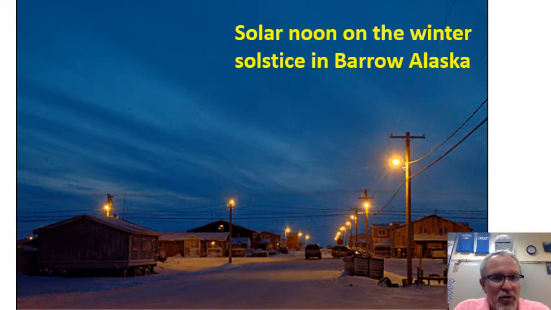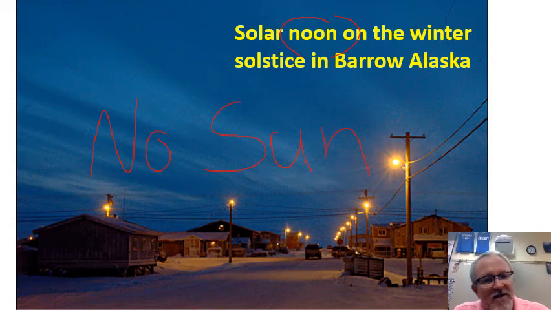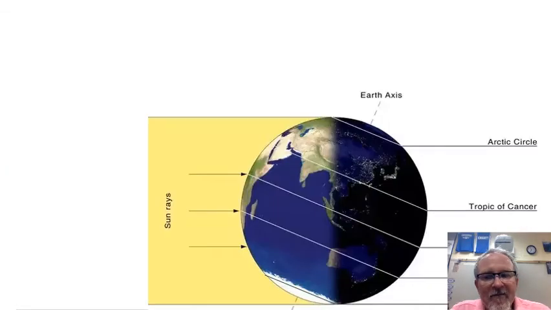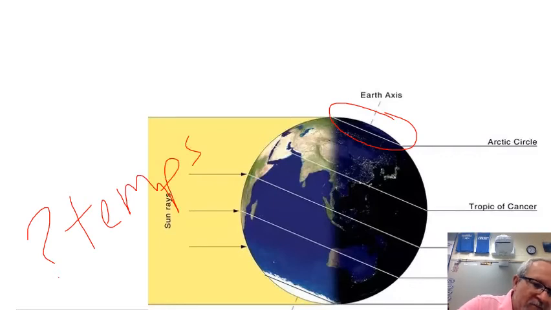This is what noon looks like in wintertime in Barrow, Alaska. They get no sun at all. It stays dark all day and all night. Now, what do you think their temperatures are like up here if they don't get any sunlight? Well, if you don't get any sunlight, you would think you're not getting energy.